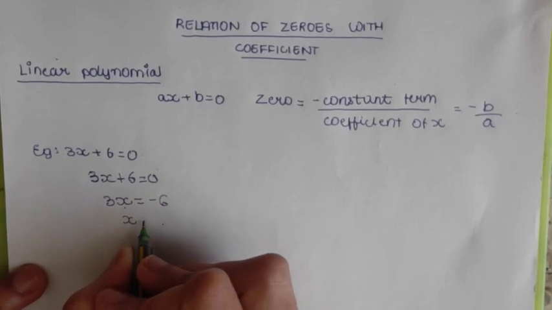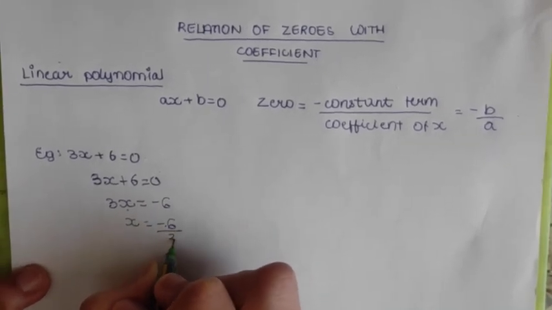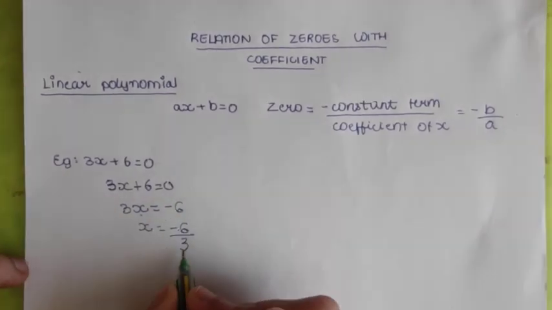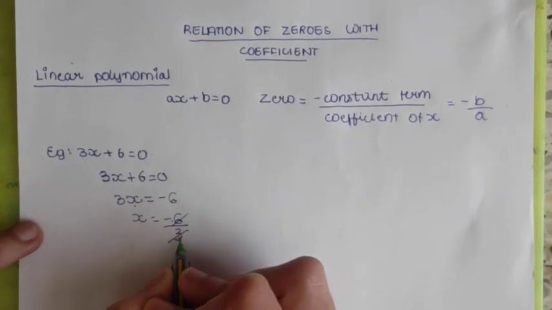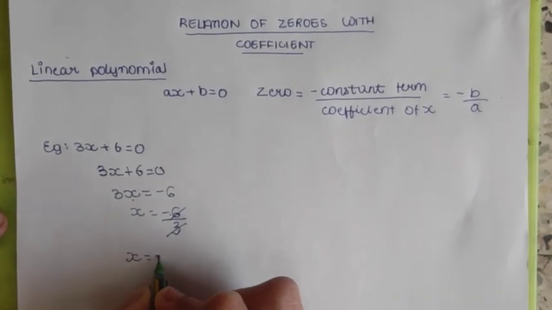So this becomes minus 6 by 3. When we divide, 3 twos are 6, so x is equal to minus 2.